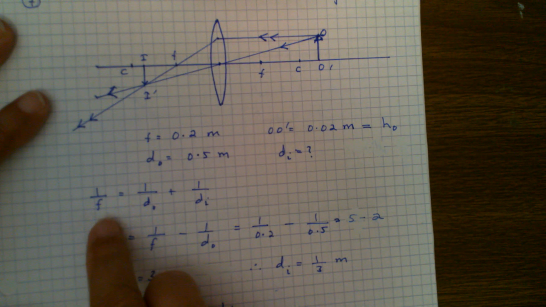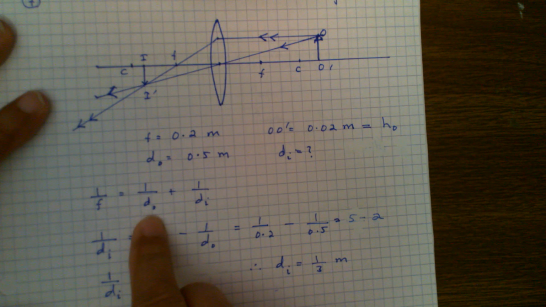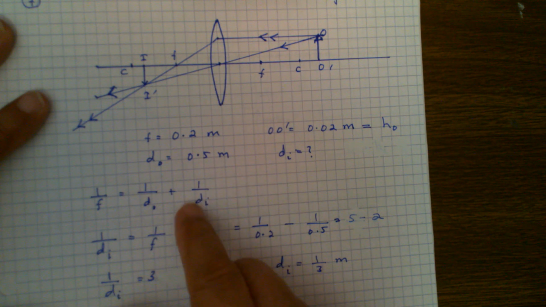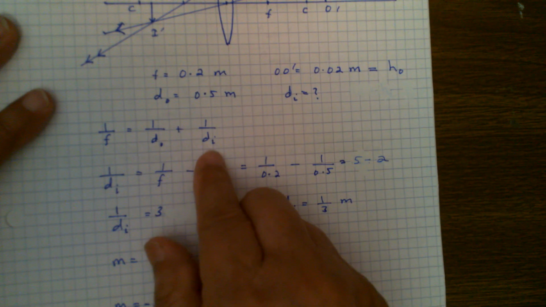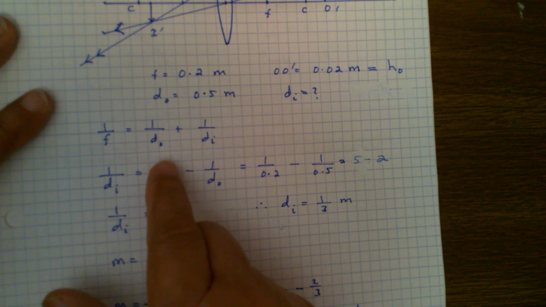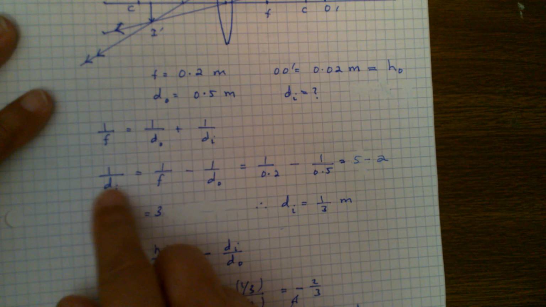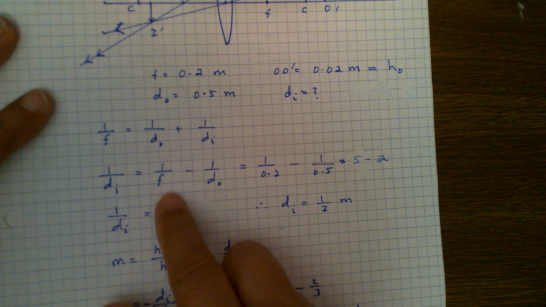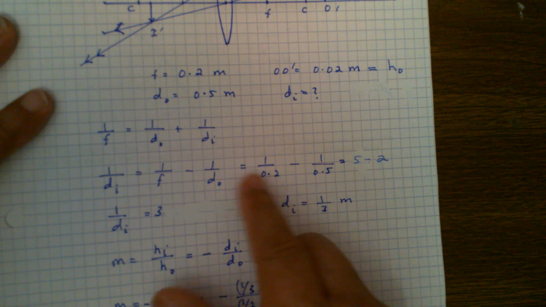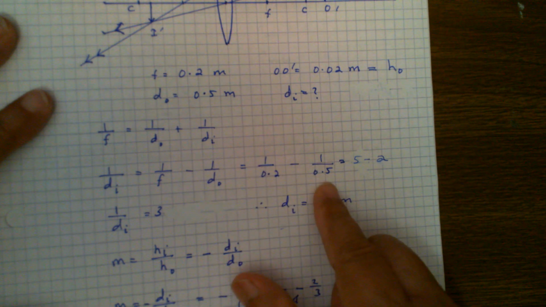So the formula we have is 1 by f is equal to 1 by Do, that's the distance of the object, plus 1 by Di, the distance of the image. And what we want is where it is located, so 1 by Di is equal to 1 by f minus 1 by Do, because Di is the image distance that we want. And 1 by f is 1 by 0.2 minus 1 by Do, which is given as 0.5.